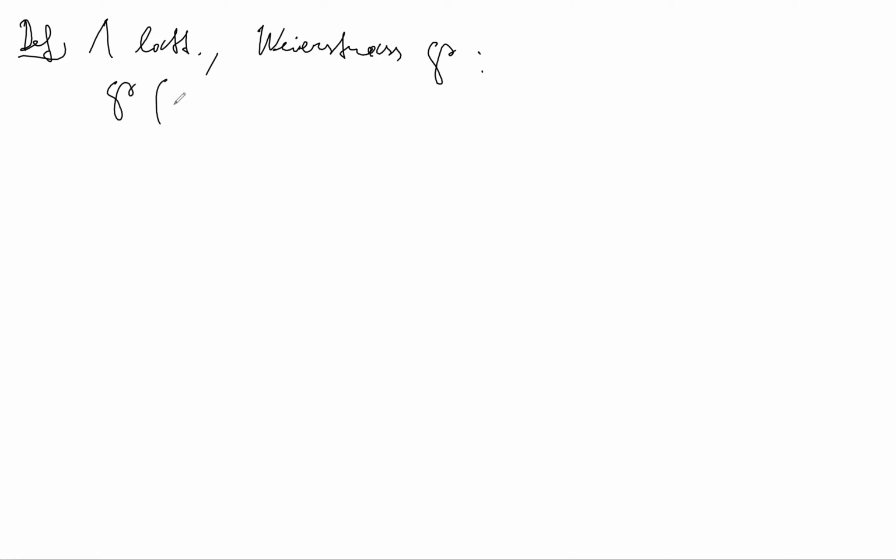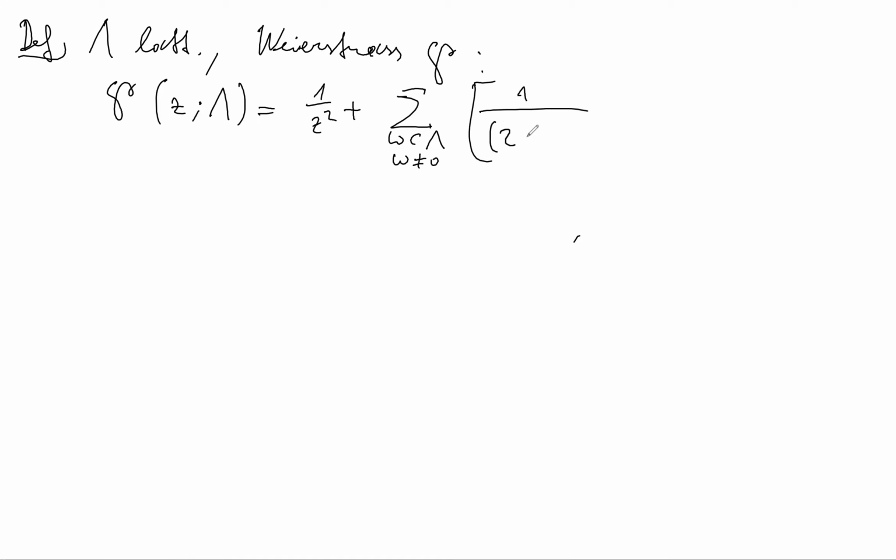The Weierstrass P function of the variable z with respect to the lattice lambda is 1 over z squared plus the sum over omega in lambda such that omega is non-zero, because otherwise we'll have a pole, of 1 over (z minus omega) squared minus 1 over omega squared. This last term is for normalization and to make sure everything converges nicely.